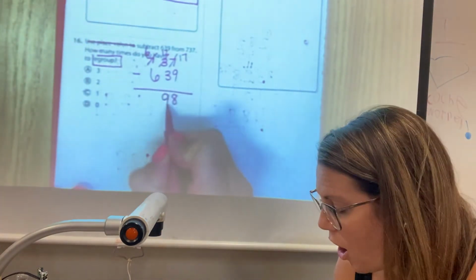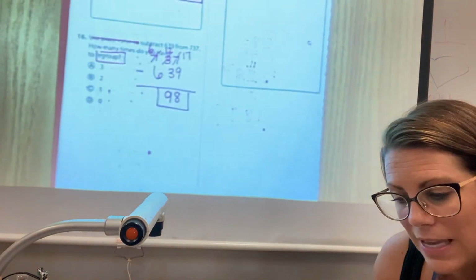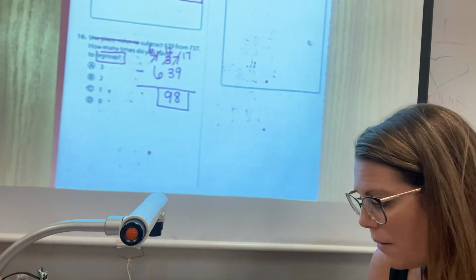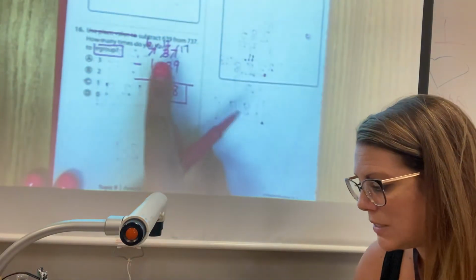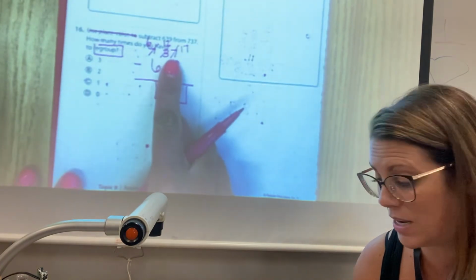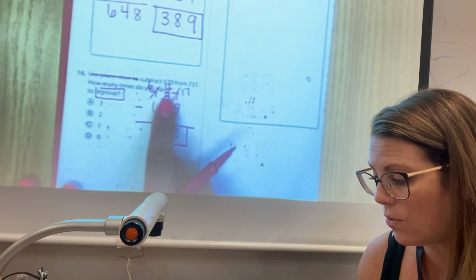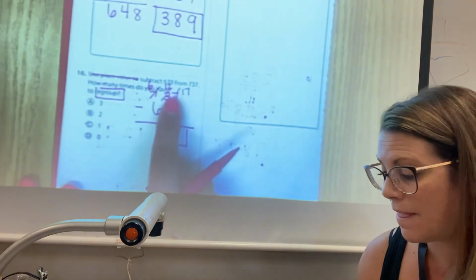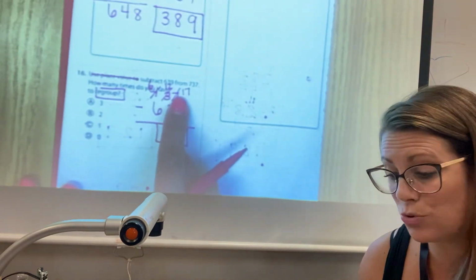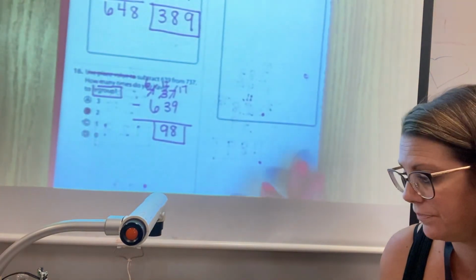So we've got our answer, which they didn't even really need. We got 98 for our answer, but how many times did we regroup? How many times did we have to change the number and add tens to it? Here we have 3 times, but we only had to change and add tens 2 times. So you should have gotten 2 for the regrouping.